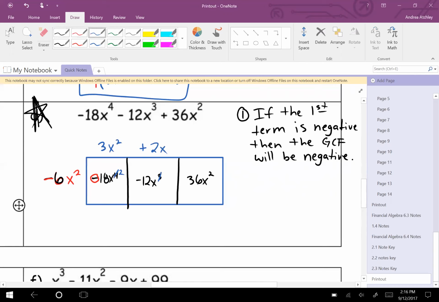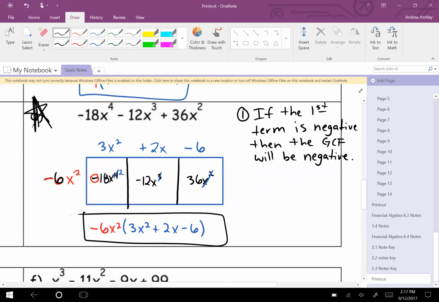Then 36 divided by -6 is -6, and x squared, I take away 2 and there's no more left. So my GCF is -6x squared times 3x squared plus 2x minus 6. Any questions over that?